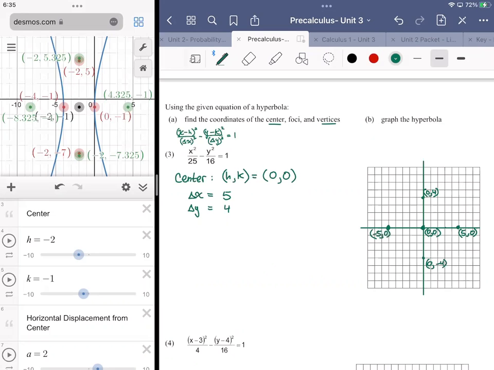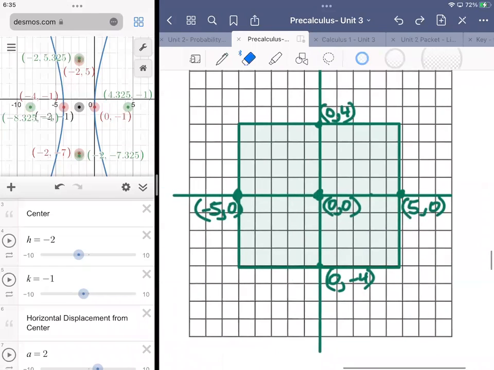But I'm going to create the asymptote rectangle, which is going to go through the 4 vertices using only vertical and horizontal lines. It should be a dashed box. There's no way I can make that small. Okay, let me just do it this way.